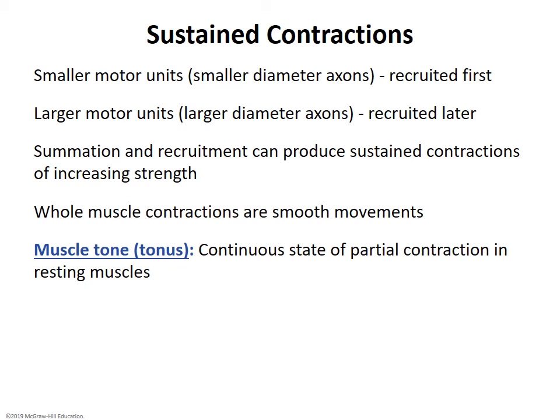But if you're trying to relax your face, the muscles will still have an underlying muscle tone. And again, just like recruitment, you can only really see it when it is no longer there. So for someone who's paralyzed, like with Bell's palsy, their whole face sags. And that is because the muscle tone is gone.